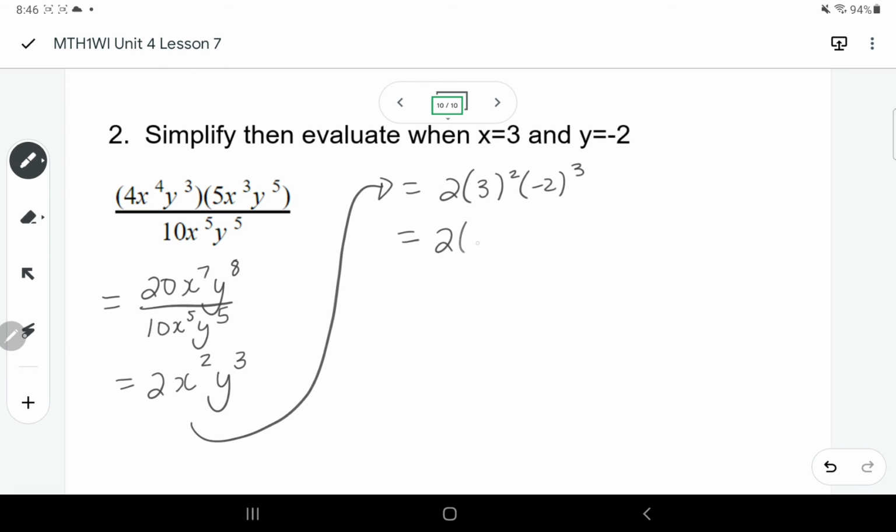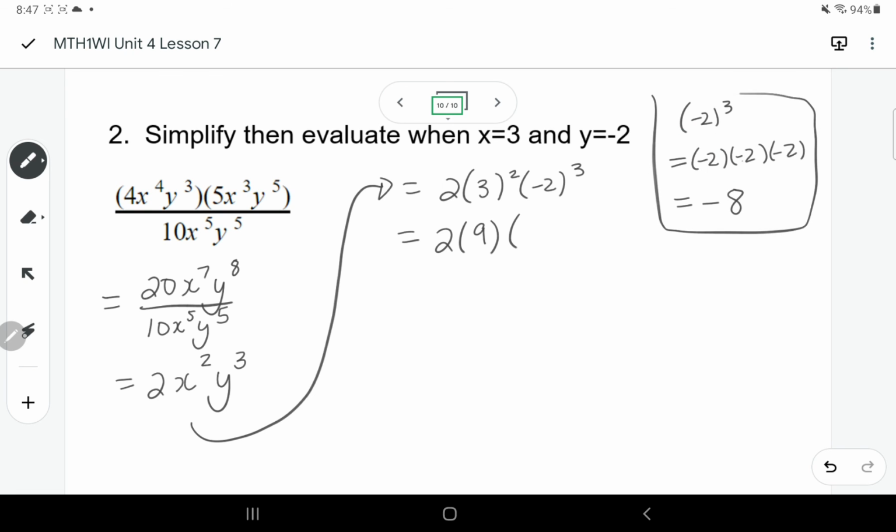We're going to do exponents, so 3 squared is 9. Now -2 cubed. Negatives sometimes throw people off. That would be -2 times -2 times -2. So a negative times a negative is positive, but then times another negative, that'll be negative. 2 times 2 times 2 gives me 8.